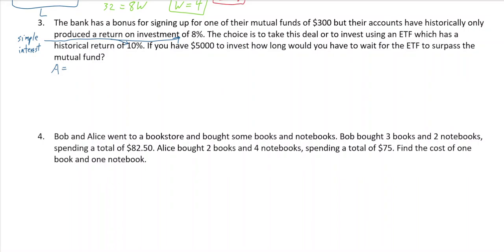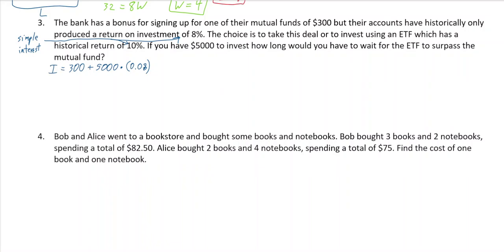Now, the first situation is you have $300 as a bonus, plus you have $5,000 times the interest rate, which is 0.08. So this is going to tell you the amount of, actually I'm going to use I for interest. Okay?